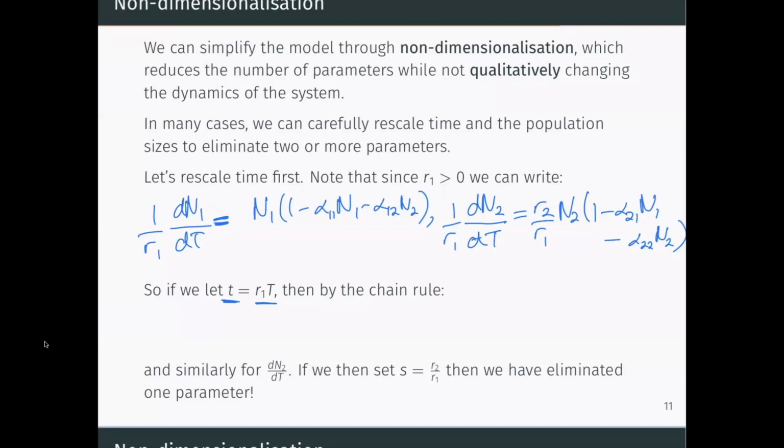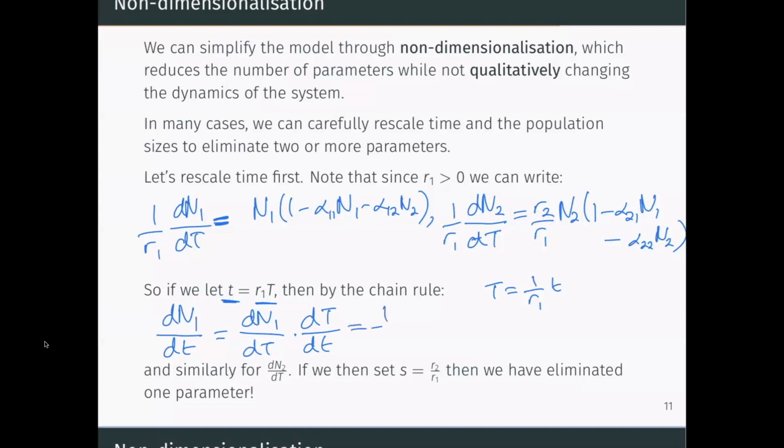By a simple application of the chain rule, we know that dn1 d little t is just going to be dn1 d big T times d big T d little t. And we know d big T d little t because big T is equal to 1 over r1 times little t. So we can take the derivative of this with respect to little t, and that's just going to be 1 over r1.